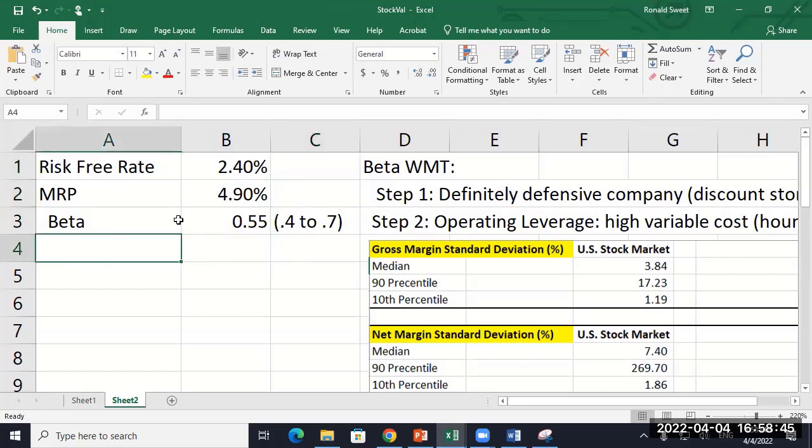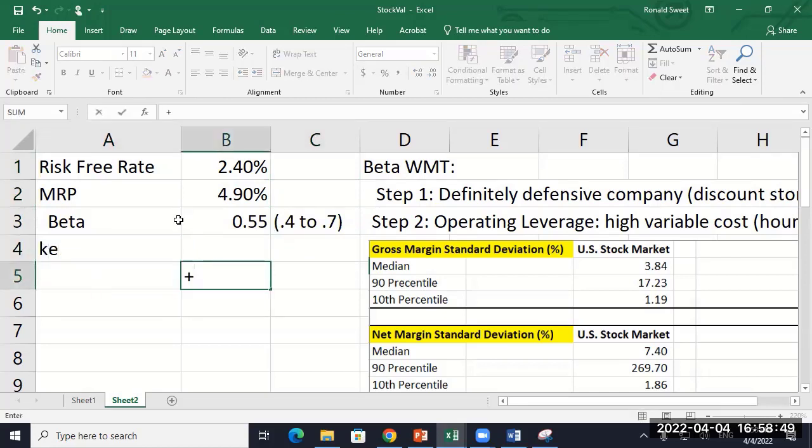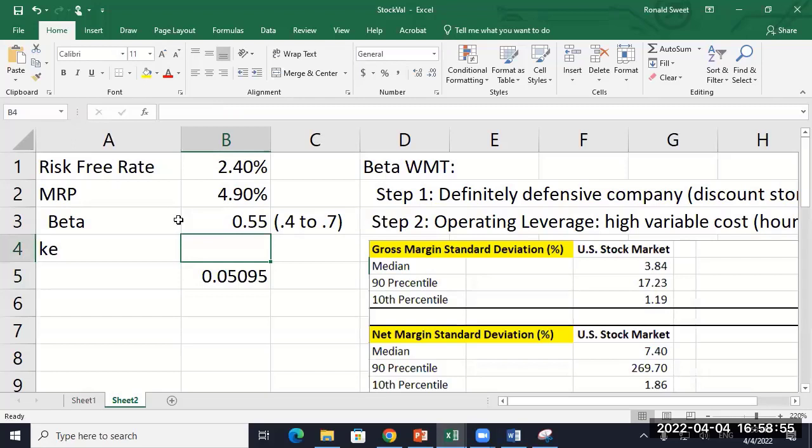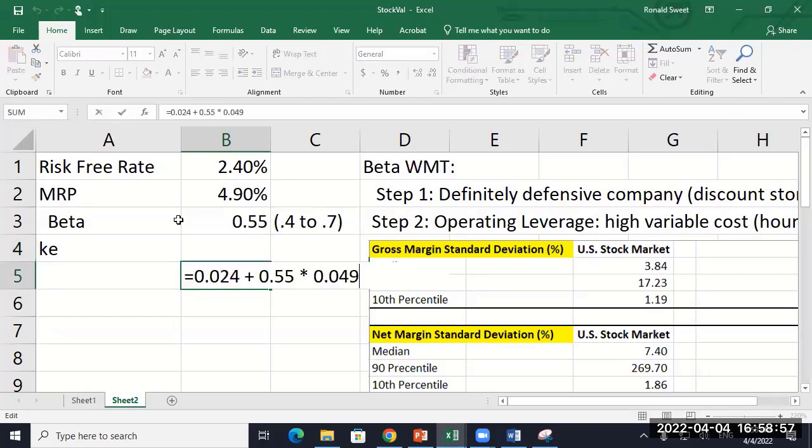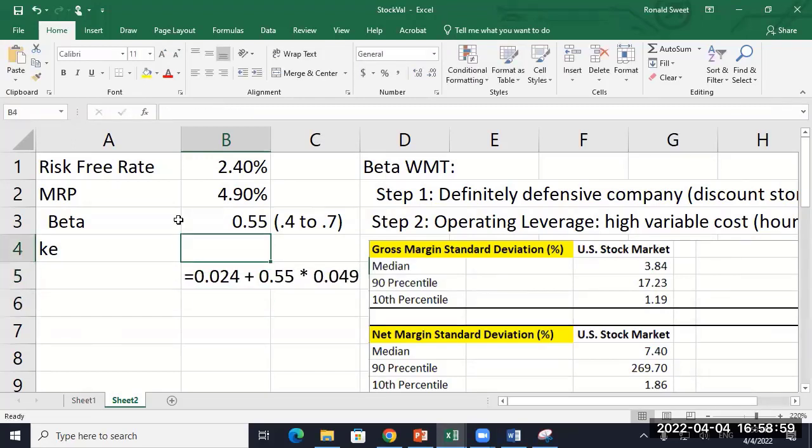So when I do that, I get a KE for Walmart of 0.024 plus 0.55 times 0.049, a really, really low discount rate. I didn't mean to do that. Plus that, times that, so 5.1%. Now, why is that 5.1% so critically important?